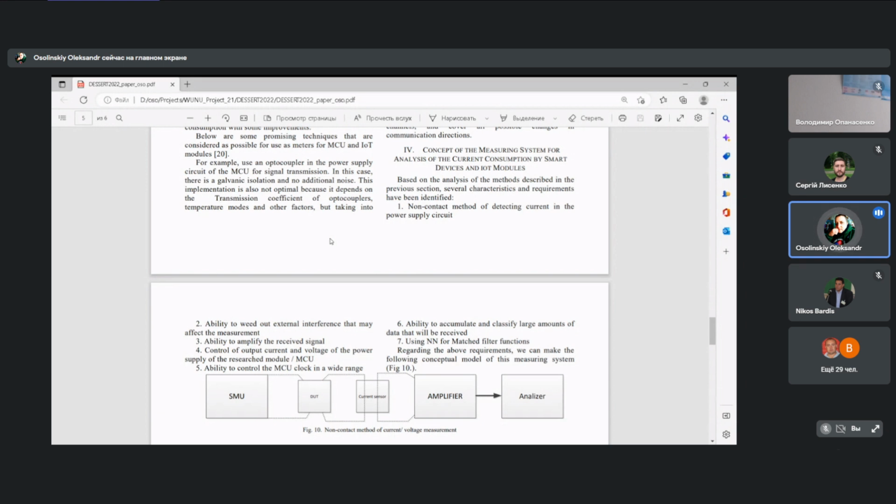After that, we can get two parameters: first from the measurement unit, and second from the non-contact current sensor.